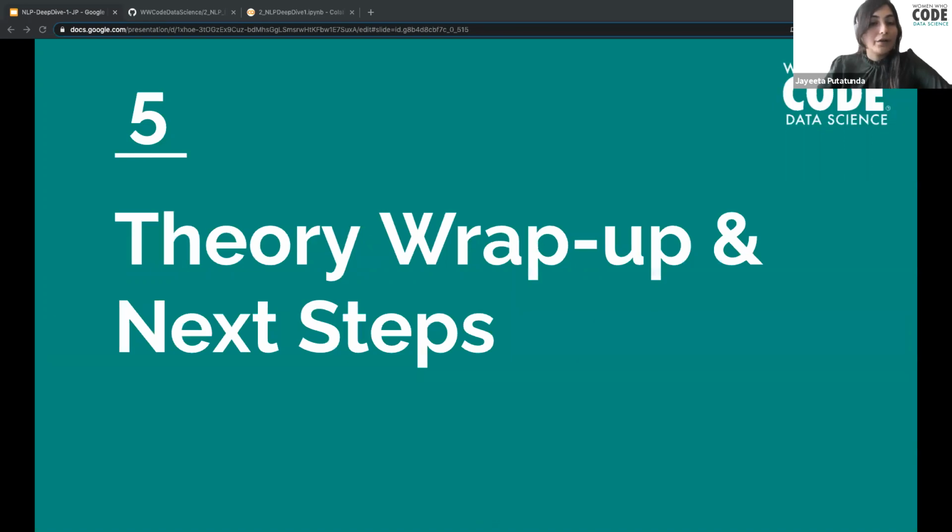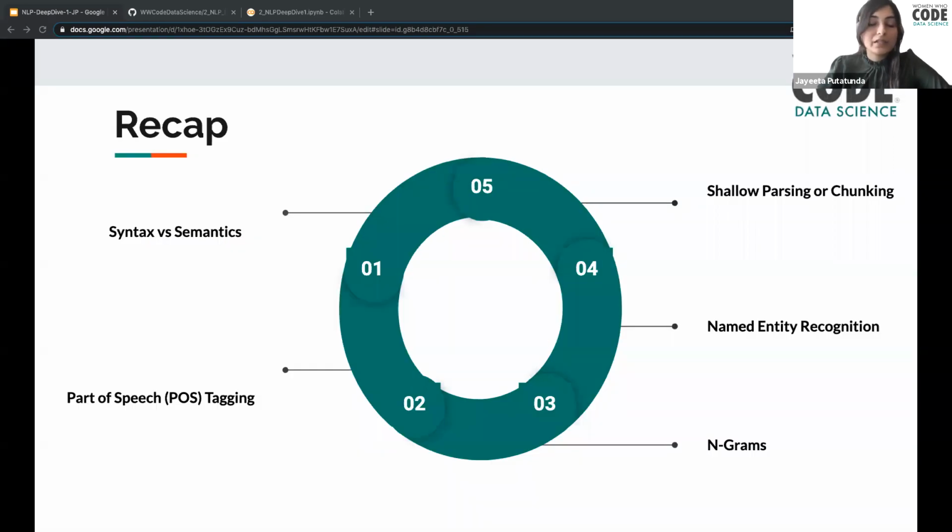For theory and next steps, we spoke about syntax, semantics. There's also shallow parsing, chunking, part of speech tagging, named entity recognition, and n-grams. These are, in themselves, a lot of big domains.